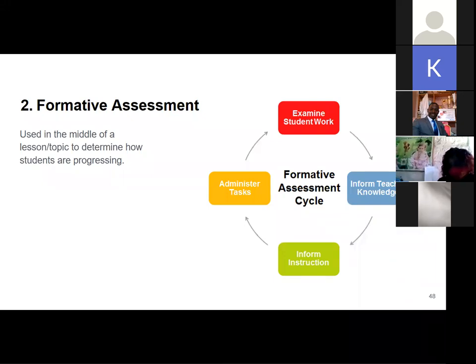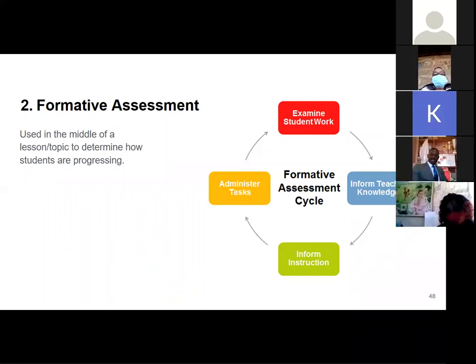So this formative assessment seeks to establish, one, how are the students doing? And two, how are they picking up the information they should be learning? So the formative assessment also provides feedback to you, the teacher, allowing you to check in on how students are doing.